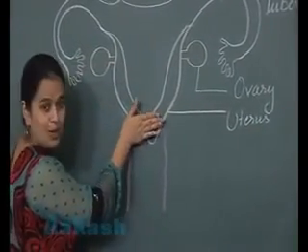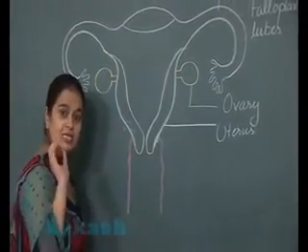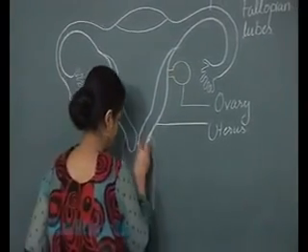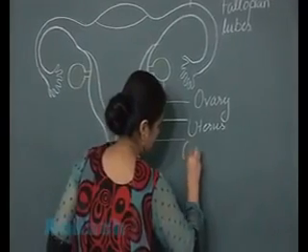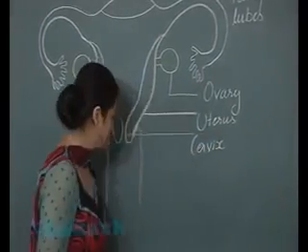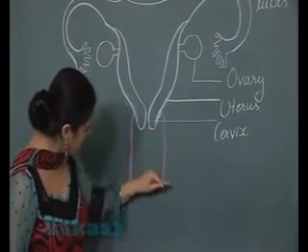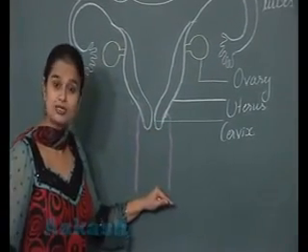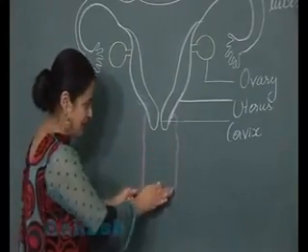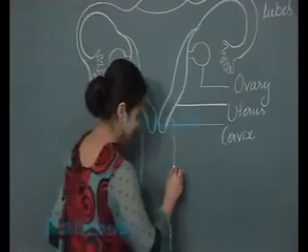The lowermost part of the uterus is known as the cervix. Now the cervix opens into this canal. This canal represents the vagina.